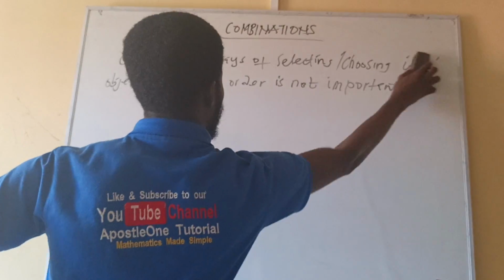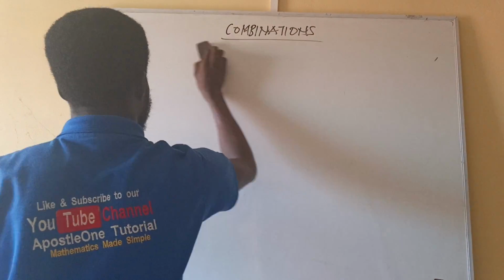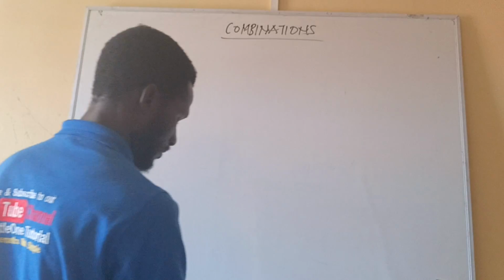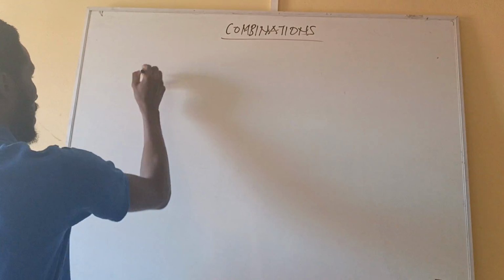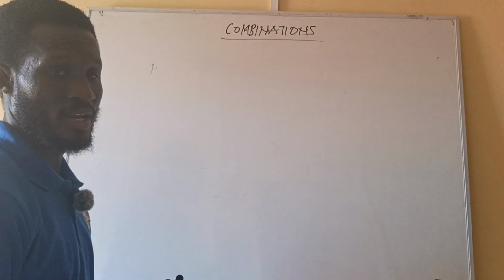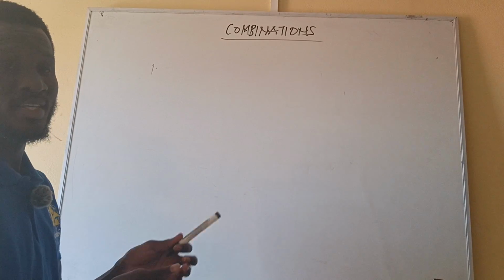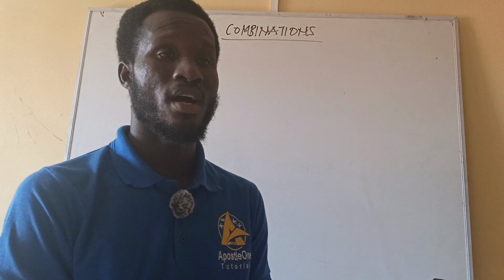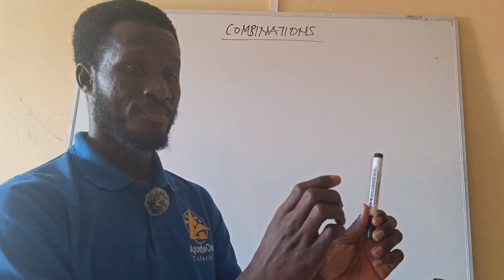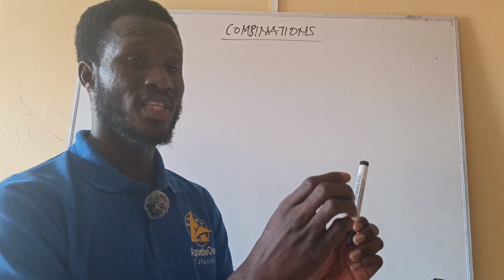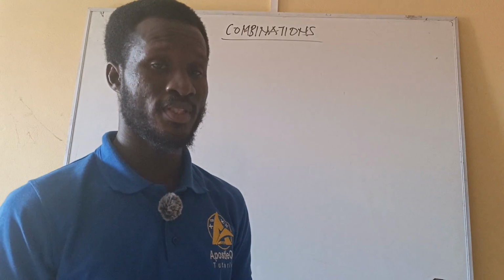Now I'm going to lead you through some areas under combination. One, normal combination. That is when we are selecting a particular quantity of objects from a whole set of objects. You get it?